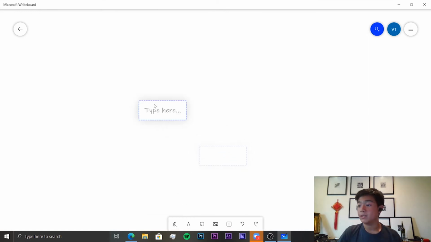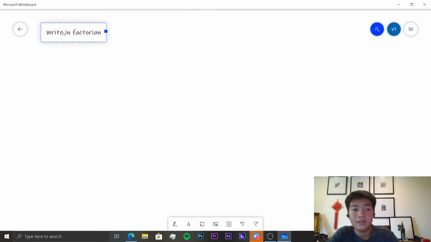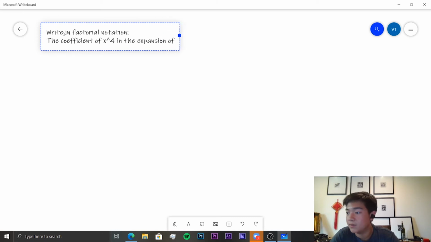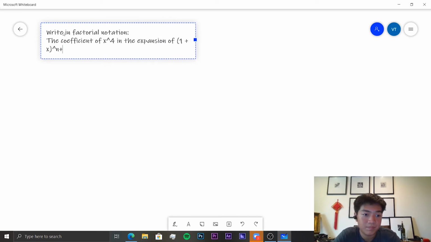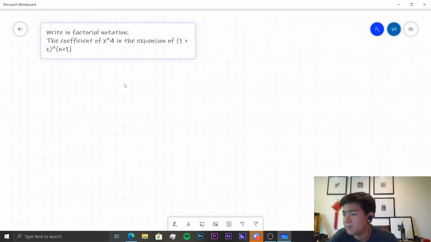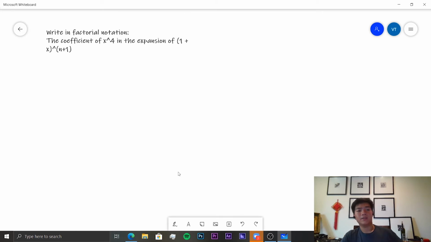So the question is, write in factorial notation the coefficient of x to the power 4 in the expansion of 1 plus x to the n plus 1. Okay. That seems okay.